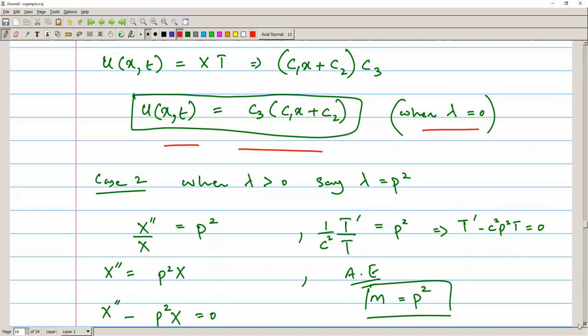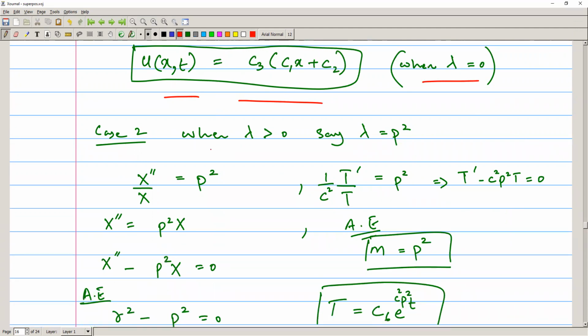Now we move to the second case, which is lambda greater than 0. So if lambda is greater than 0, it means that it is always positive. So we'll use p² to determine that this value is always positive, because whatever value we give to p, its square will make it positive, right? So that's why we are using lambda = p².